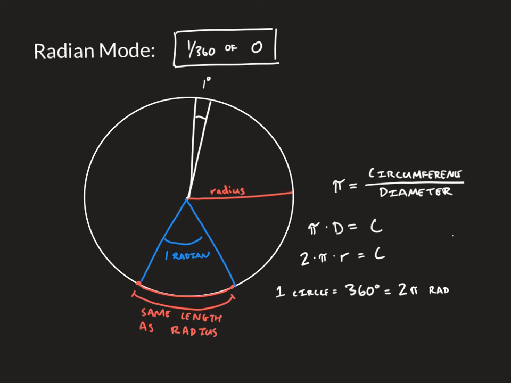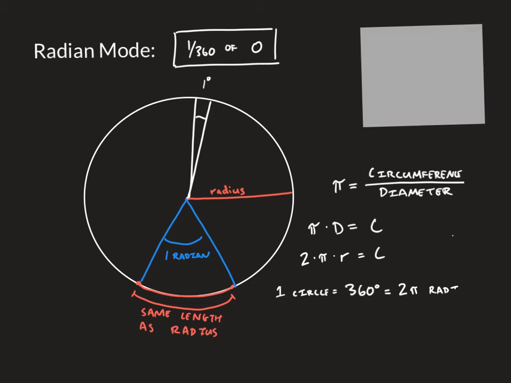But let's continue. So we were saying one circle is 360 degrees, which is also 2 pi radians. So those are three different ways of talking about a circle. We could say one revolution, a whole turn of a circle. We could also say 360 degrees. We could also say 2 pi radians.